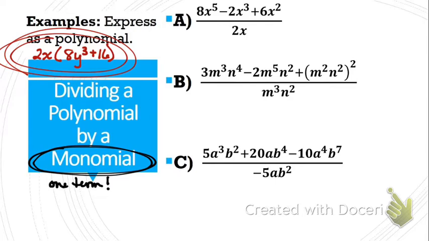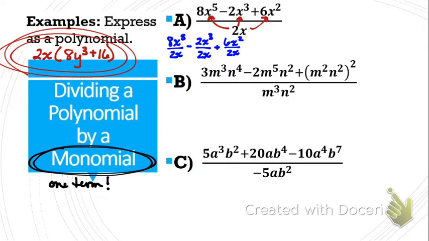But instead of distributing multiplication, I'm going to be distributing division. Other than that, it's exactly the same. So I'm going to distribute division by 2x to each of my terms in the numerator. 8x to the 5th over 2x minus 2x cubed over 2x plus 6x squared over 2x. And then I have to reduce each of those fractions.